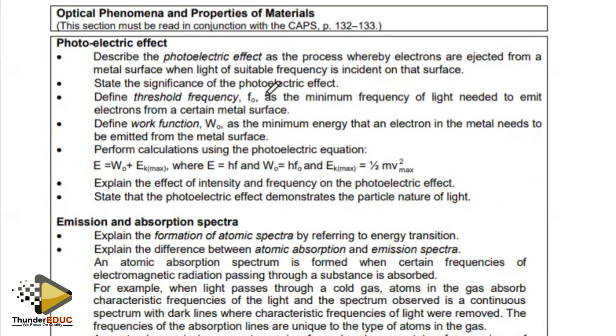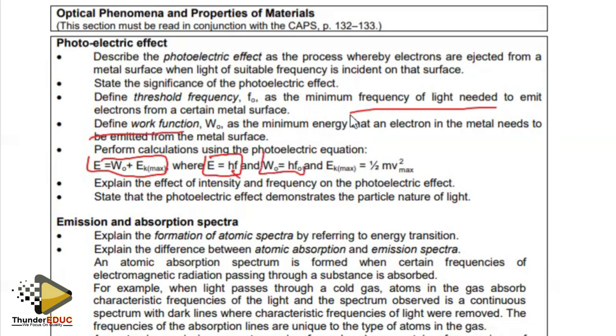What is the significance of the photoelectric effect? Define threshold frequency; remember, it's the minimum. Then define the work function, which is the minimum work to be done in removing an electron. Then calculations using this. We need to know that E is equal to hf, where h is Planck's constant.